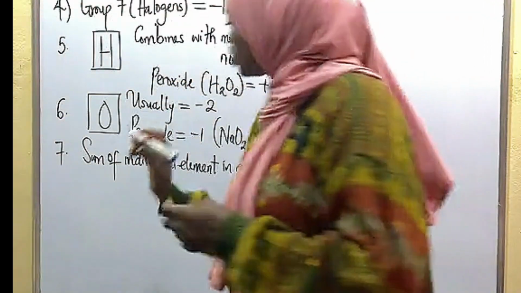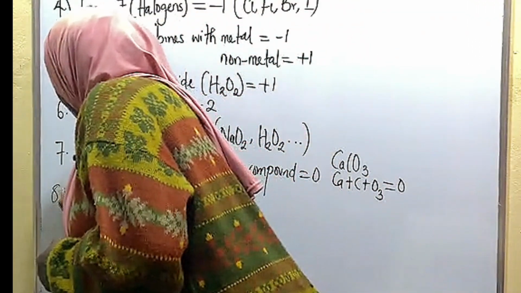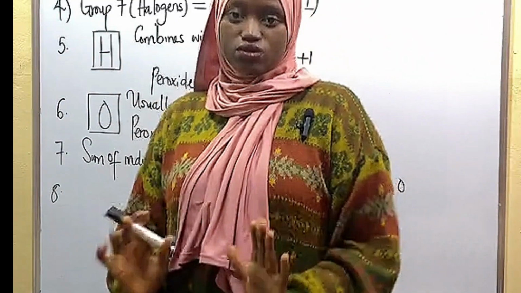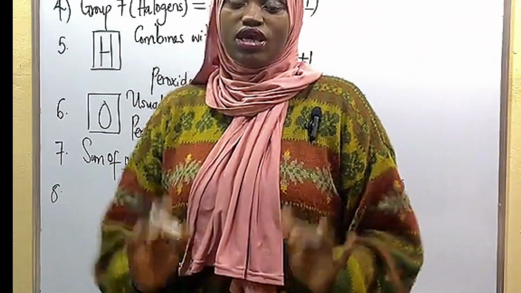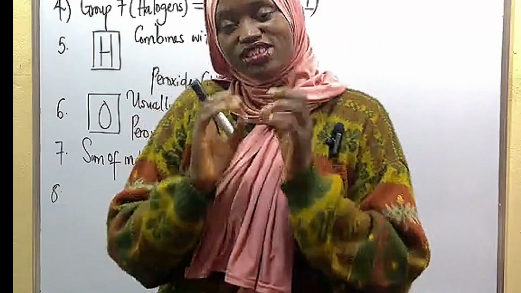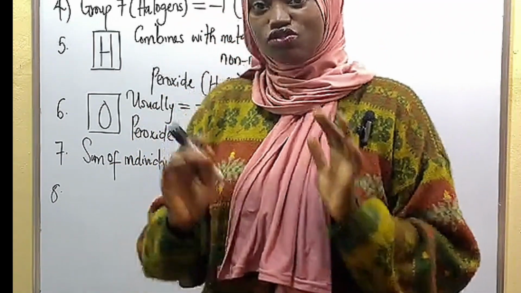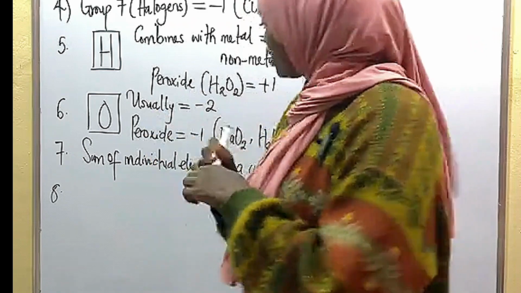So let's move on to the 8th rule. Rule number 8 states that for a simple ion, the oxidation number is equal to the charge on the ion. Let's put this in writing and explain.